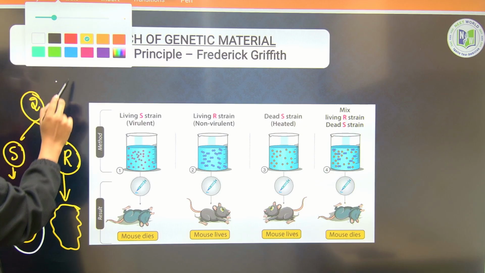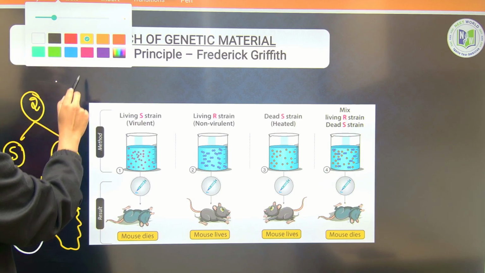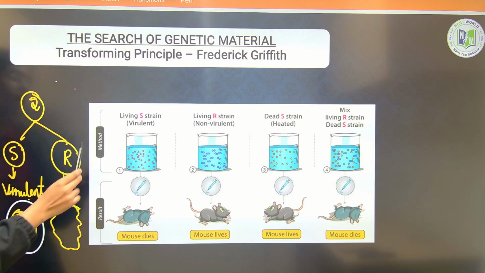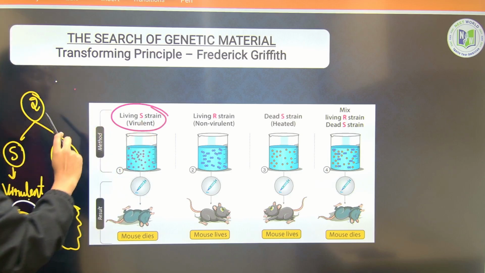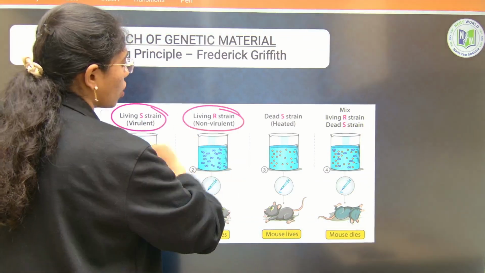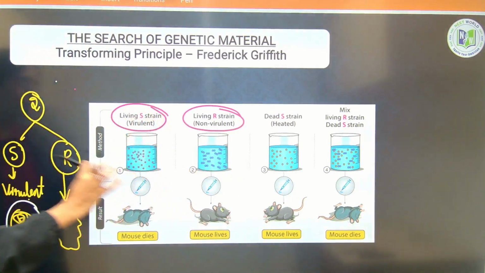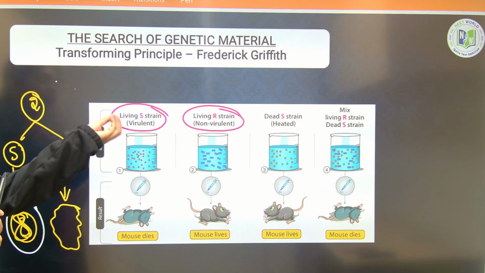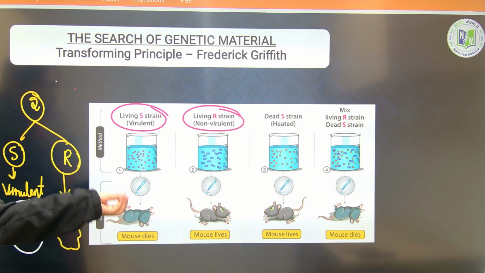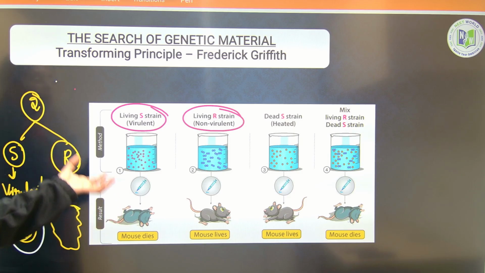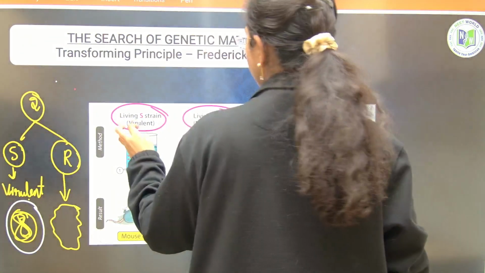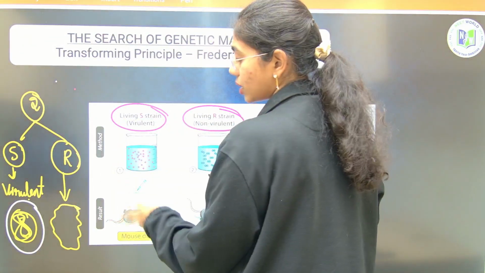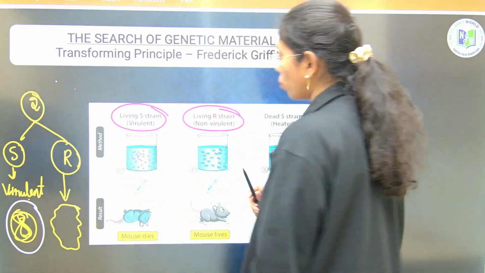So here if you see, first the S strain, the virulent strain, and living R strain, the non-virulent strain. Living S strain, where the mouse dies. When living S strain is injected, the mouse dies because the strain is alive inside the mouse, which is active because it has a protective coat over it.